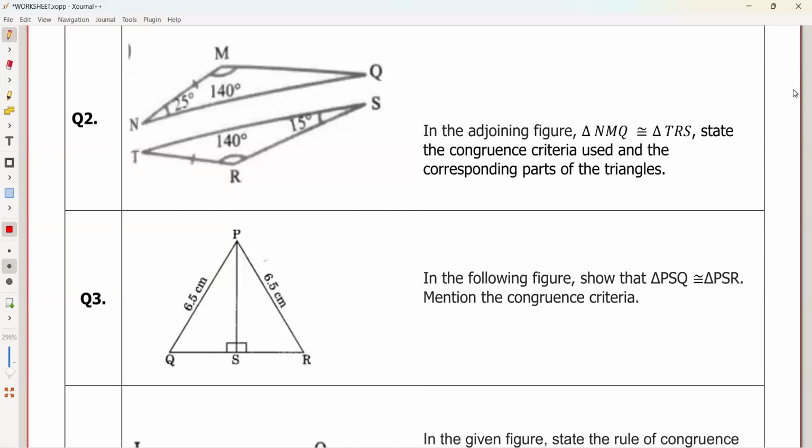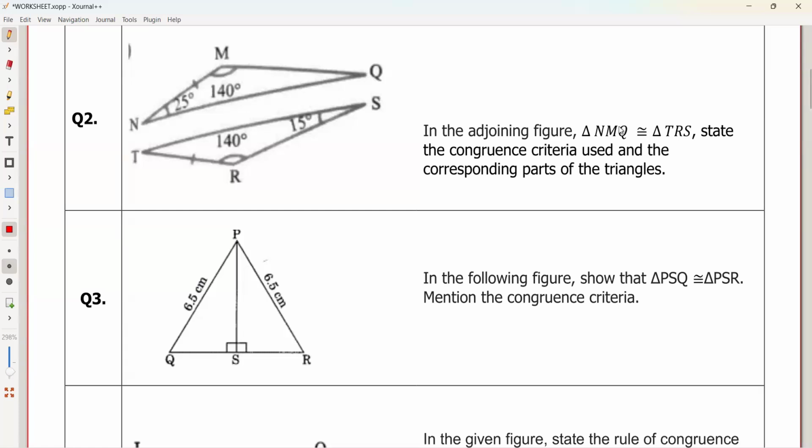Okay, it is already given that these two triangles are congruent. So we have to identify which criteria we are going to use.